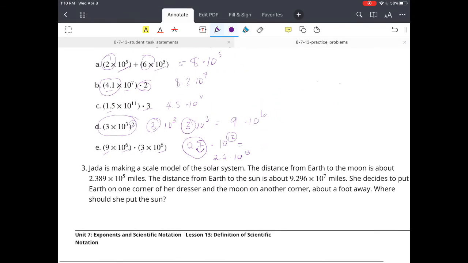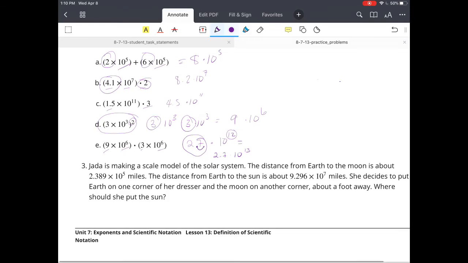I'm going to go ahead and have y'all, actually, no, let's do this. So we have that the Earth and the moon, this distance is 2.389 times 10 to the 5th power.